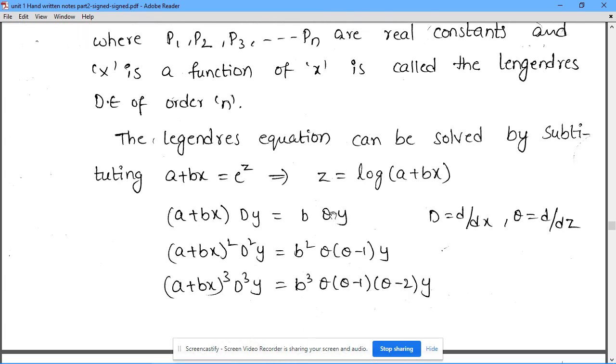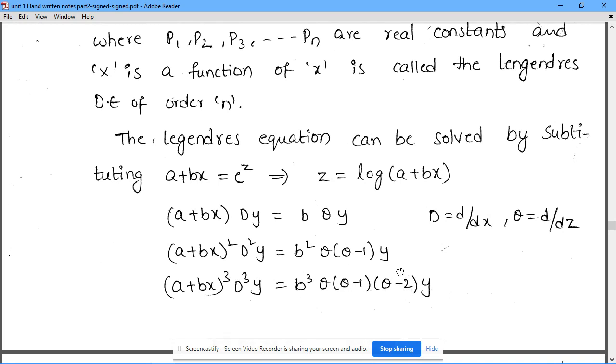Now here we have to remember these values: a plus bx is e power z and z is log of a plus bx. At the end of the solution we have to replace z as log of a plus bx. (a+bx) dy is b theta y. (a+bx) square d square y is b square into theta into theta minus 1 into y. (a+bx) cube d cube y is b cube into theta into theta minus 1 into theta minus 2 into y.